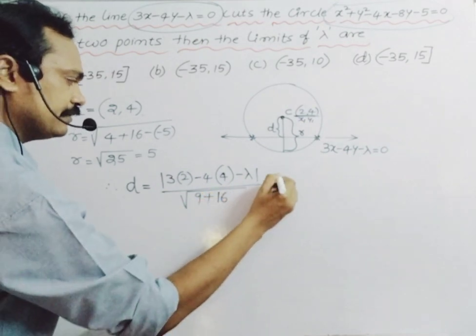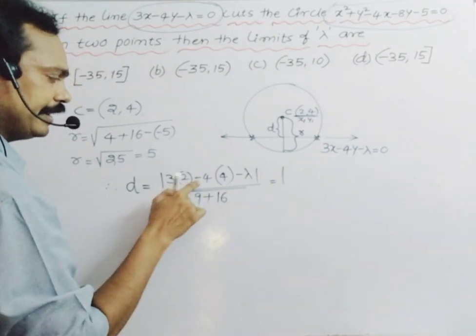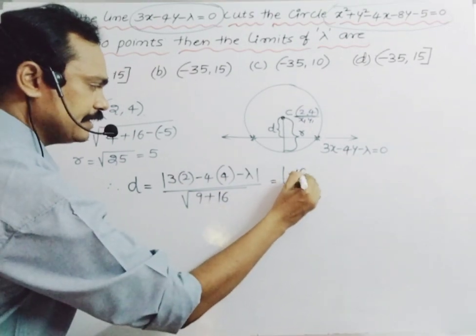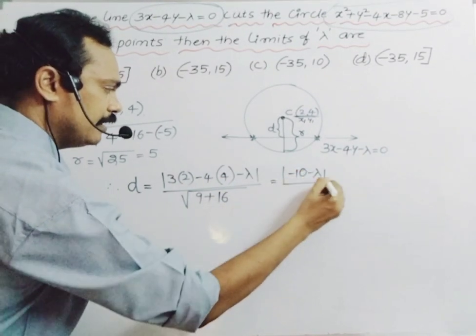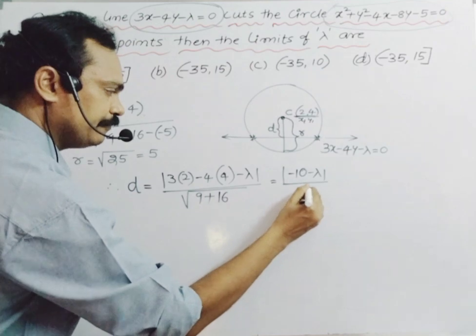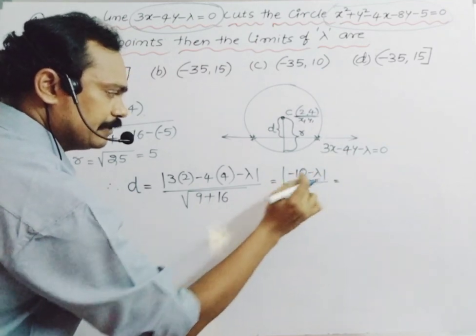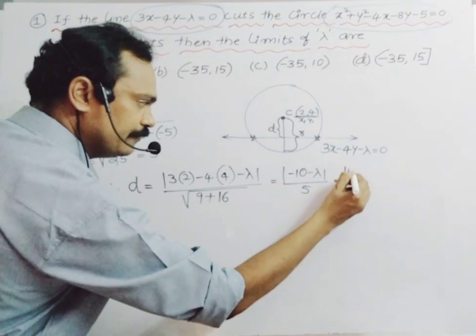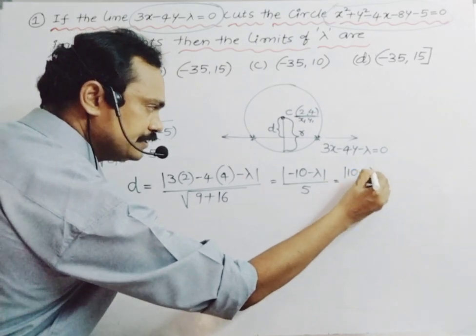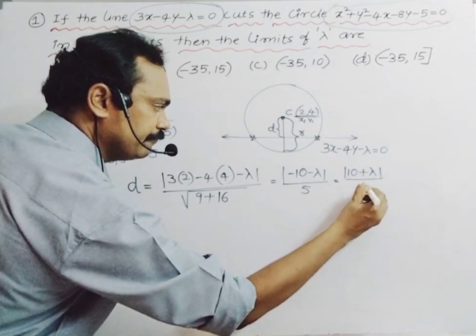It remains 6 minus 16, that is minus 10 minus lambda, by 5. If you take minus common, it becomes positive only. So it remains 10 plus lambda by 5.